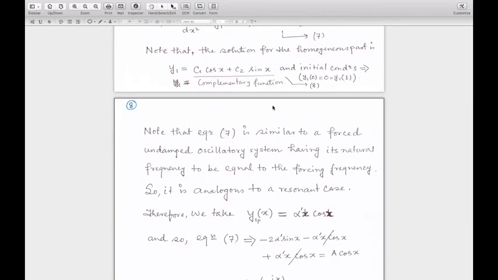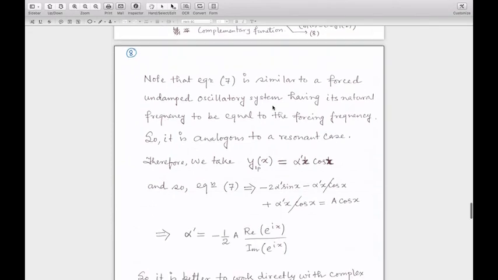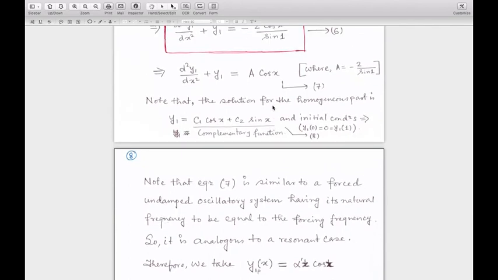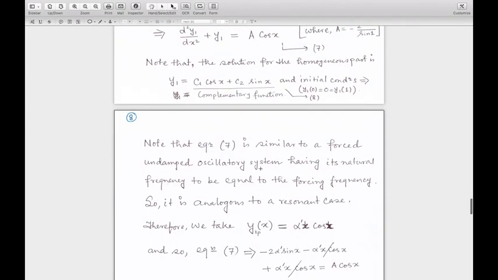So how to calculate the particular solution of that equation? We cannot search for the solution in the form of just proportional to cos x, but we have to search in the form of x times cos x.